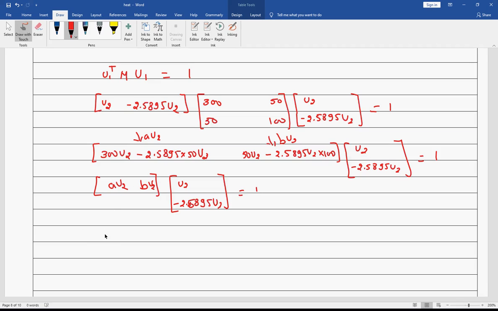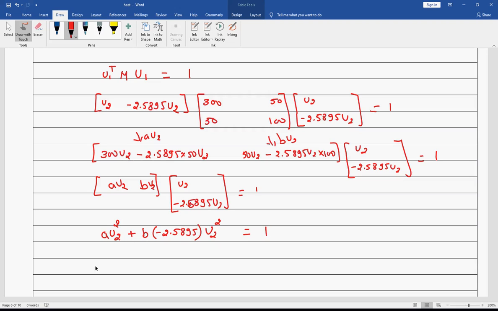So now again I can go for the multiplication. A times U2 into U2, so this will become square, plus B into this, which is again a square, definitely, minus 2.5895 U square, and this is equal to 1.